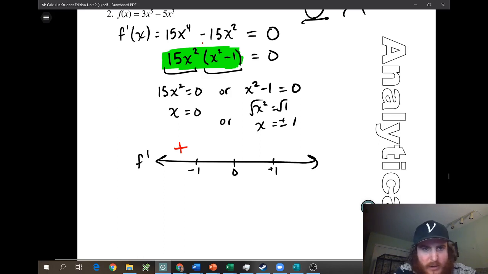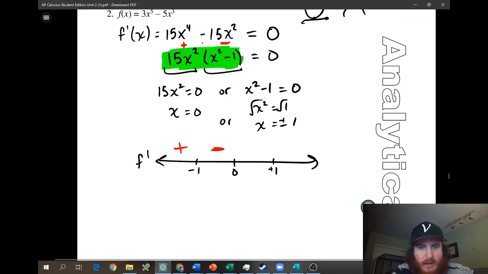But again, I don't care about the answer. I just care is it positive or negative. So when we square it, we get a positive. Now, this x squared minus 1 is a little trickier because negative 0.50 squared is positive, but it's positive 0.25. And 0.25 minus 1 is negative. So a positive times a negative gives us a negative answer.